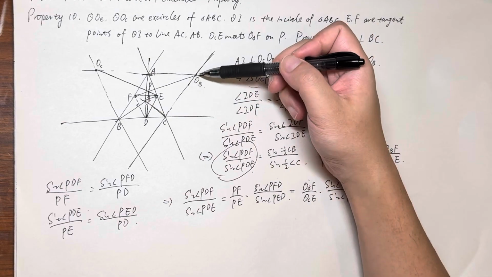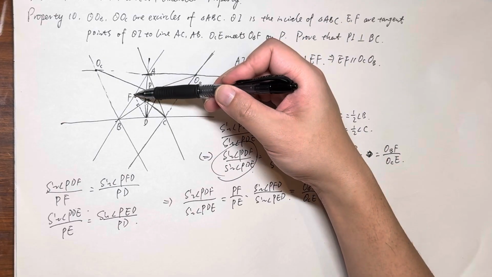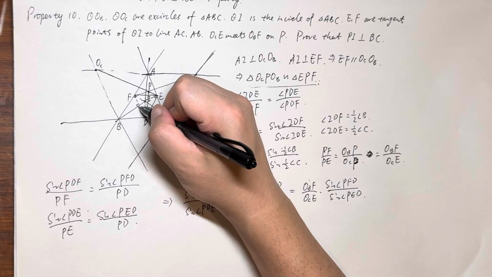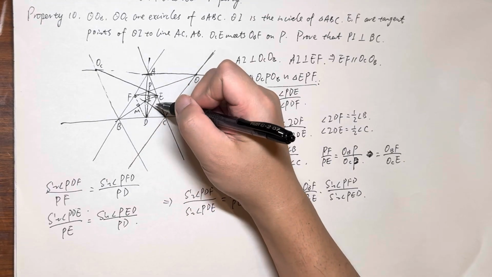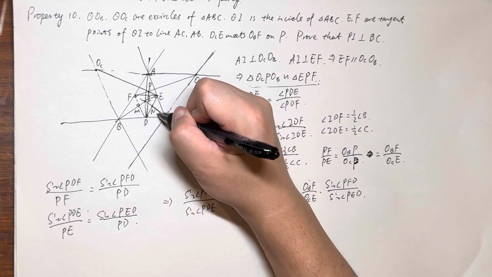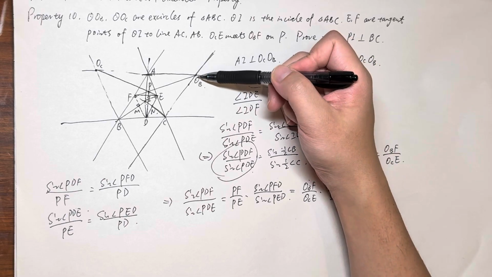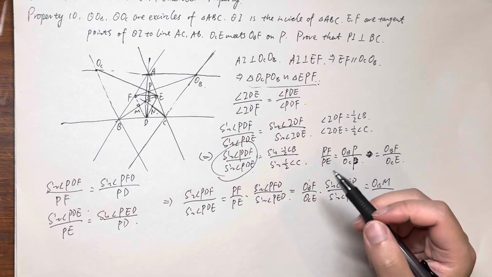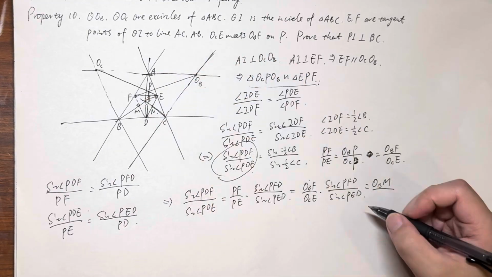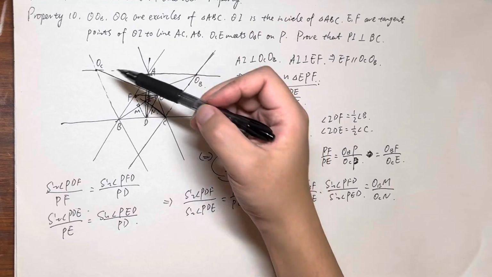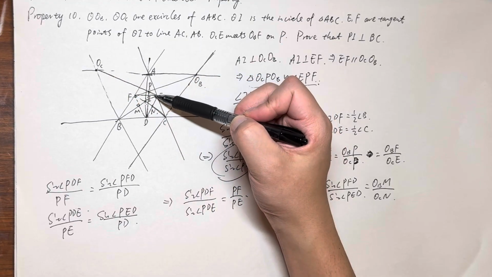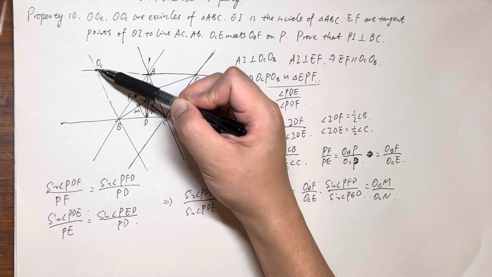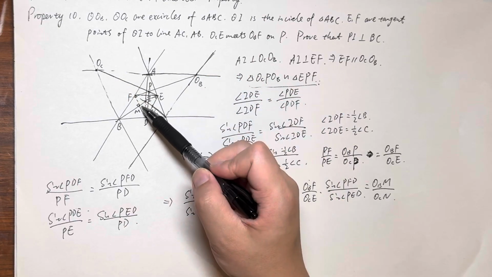So O_BF times sine angle PFD equals to, let's call this point M. And similarly, let's call this point N. It equals to O_BM, right? And this one would be O_CN, right? We use O_CE times the sine angle PEN or PED. That equals to O_CN.